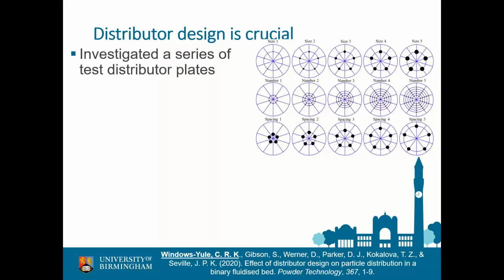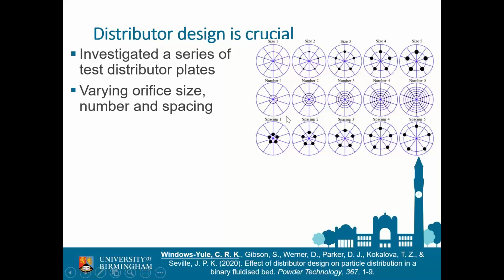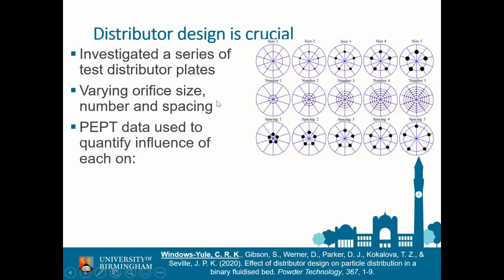Okay, so these are just some of the things that we can envisage going on within our system. And the way we conducted this study to look at the effect of distributor design, we created a series of distributor plates that systematically varied the size of the orifices. Again, for those unfamiliar with a distributor plate, these are the holes through which air is pumped. So we've changed the size of them, we've changed the number of them, and we've changed the way in which they are spaced.